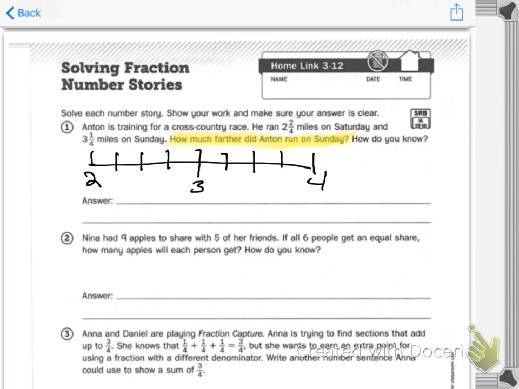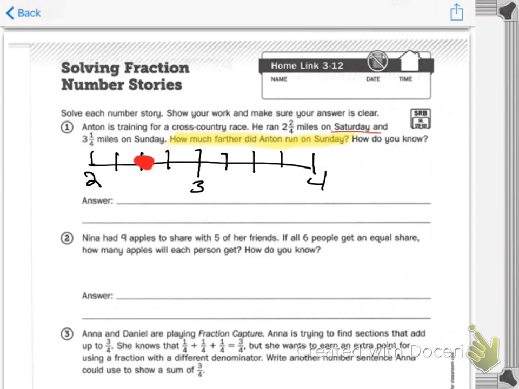Anton started at 2 2/4. So 2, 1/4, 2/4. He started here. That was Saturday.